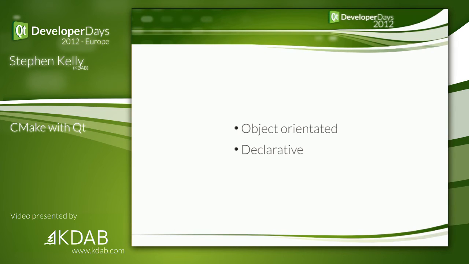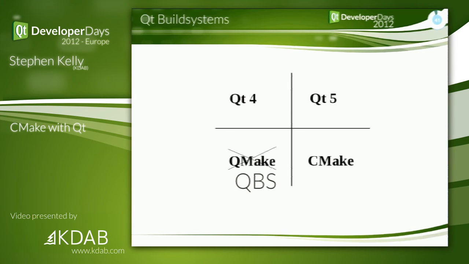So CMake is going object-oriented, and it's going kind of declarative. That might ring a bell for some of you. About last year, the Qt guys started talking about cubes. This is QBS, they pronounce it cubes. It's a new build system which is based on QML.